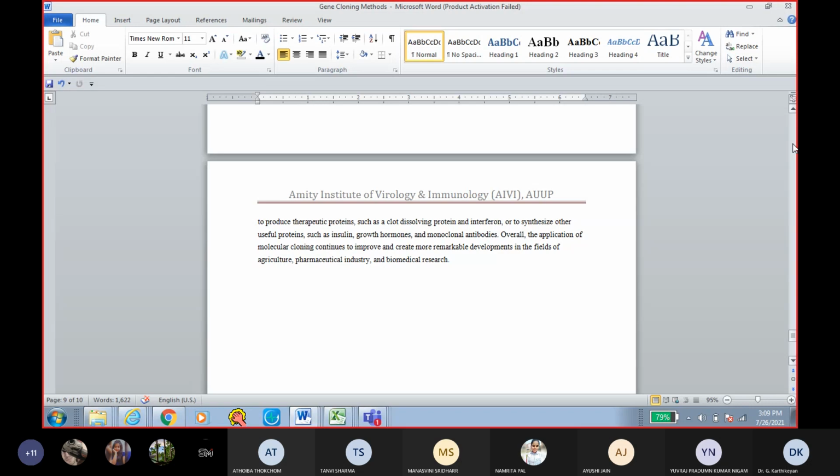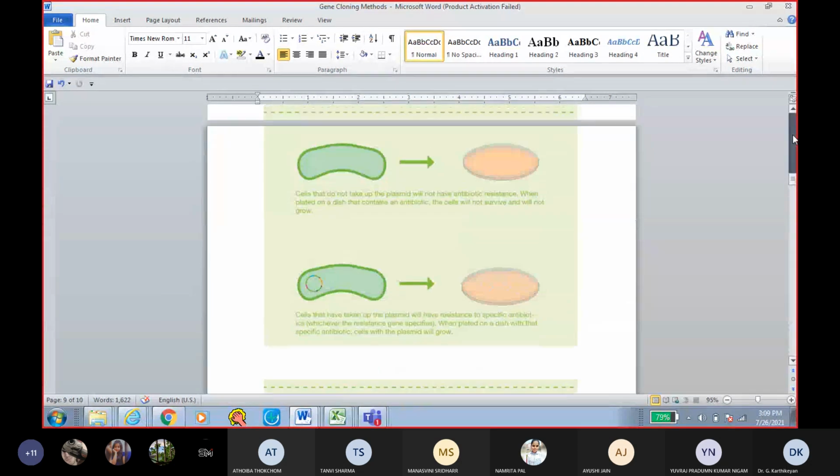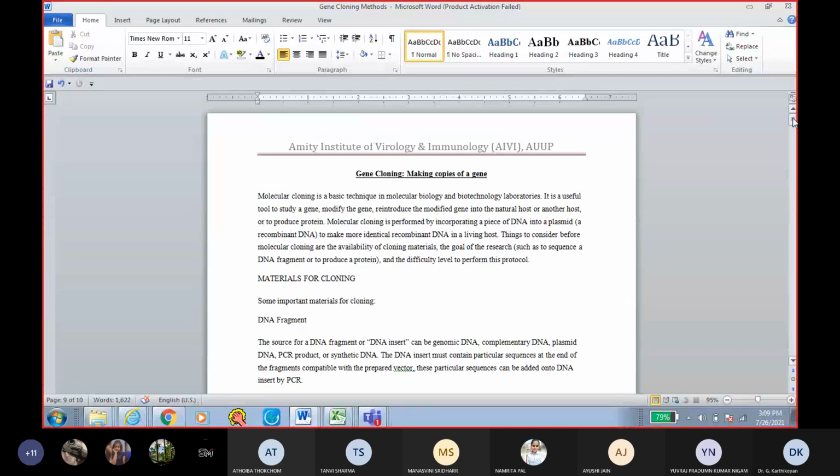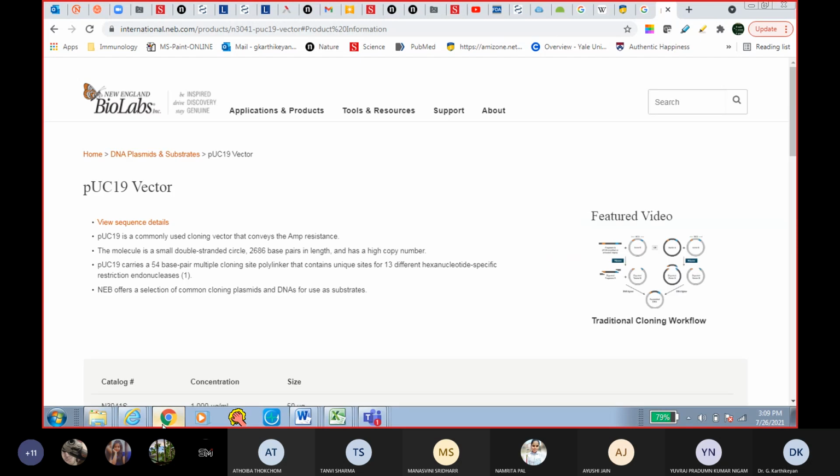So there are different ways by which you could clone a gene, and we essentially saw a few of the methodologies by which we can recombine the gene. I just thought I should show you one of these.